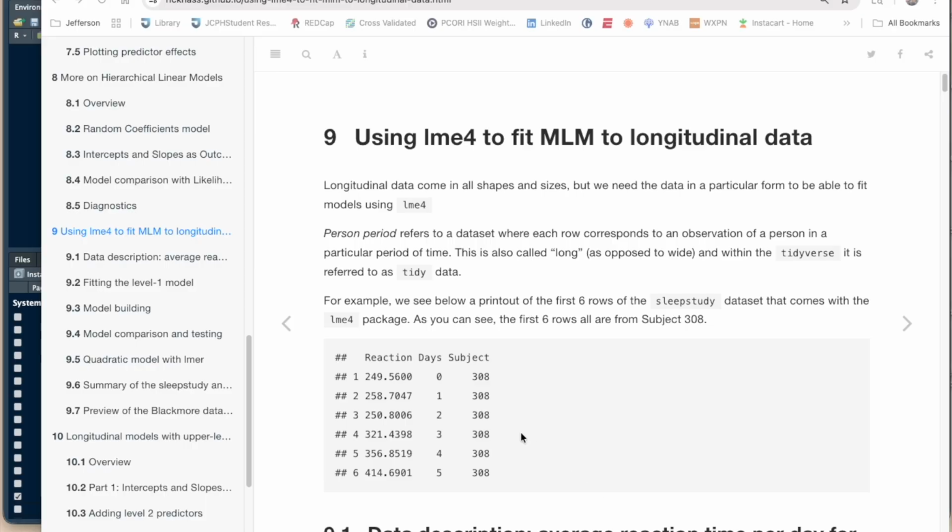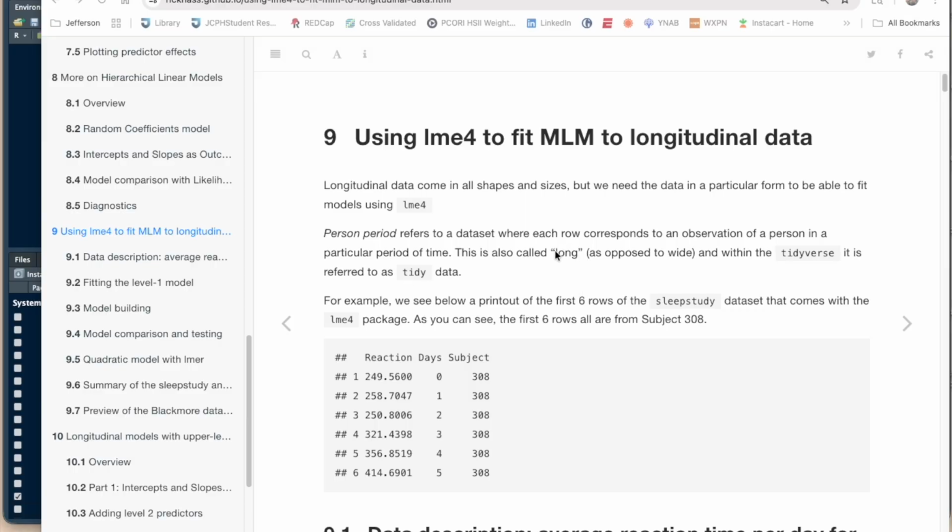Here's an example of data that comes distributed with the lme4 package. It's a very simple experiment. Before we talk about it, I'm going to talk about the terminology you'll often hear with data like this. I often call it long data as opposed to wide. The tidyverse folks call this tidy data.